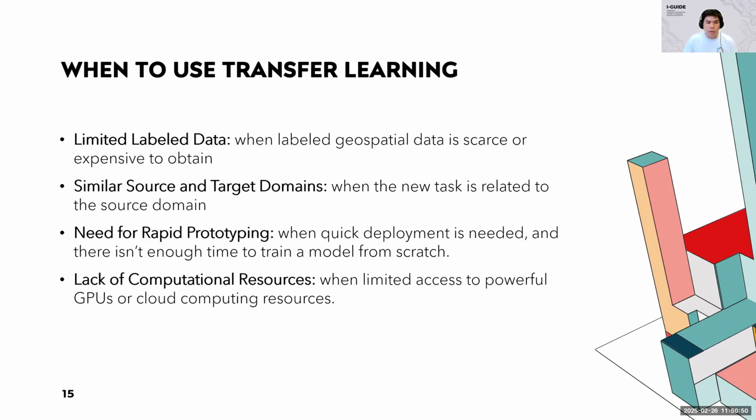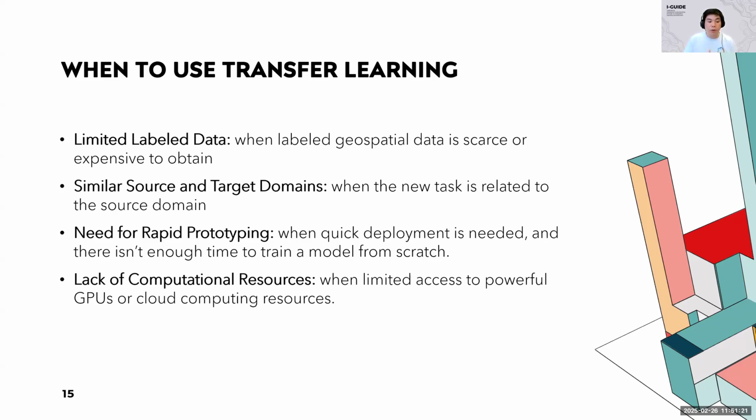Next, if you need to rapidly prototype the machine learning model, as we showed in the notebook, it will take a really short time and not huge computational resources to actually see whether the model could perform the task that we want. So it's really helpful to see whether machine learning is even possible for the task.